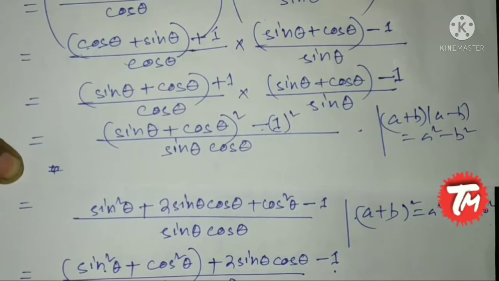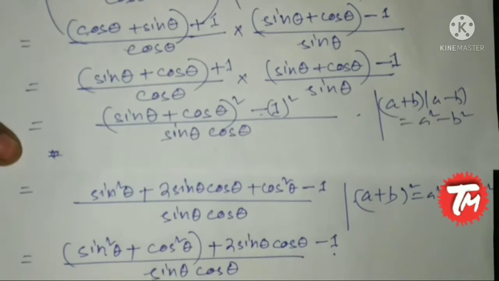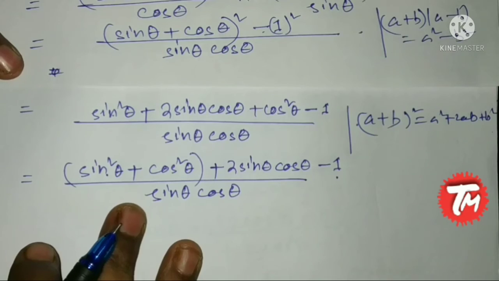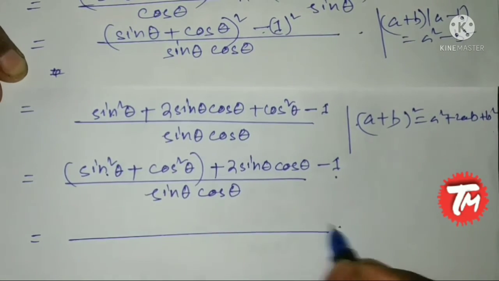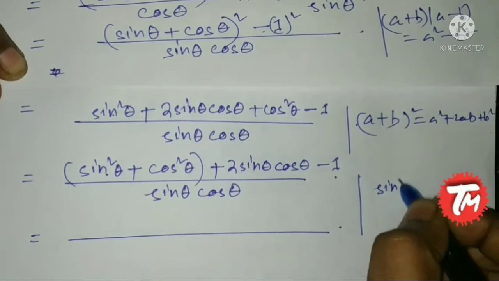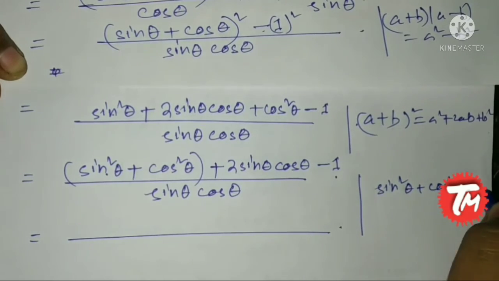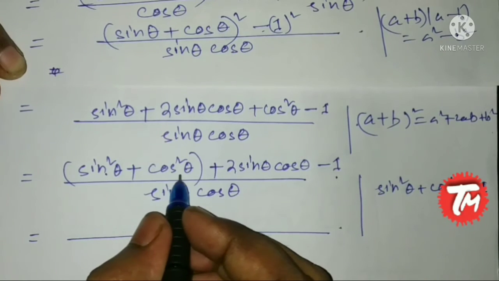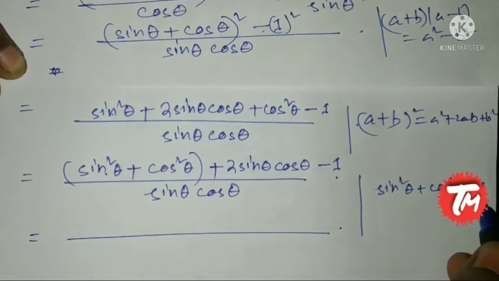Now we can write here sin square theta plus cos square theta. We know that sin square theta plus cos square theta equal to 1.